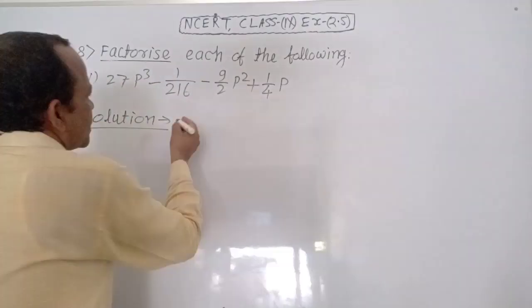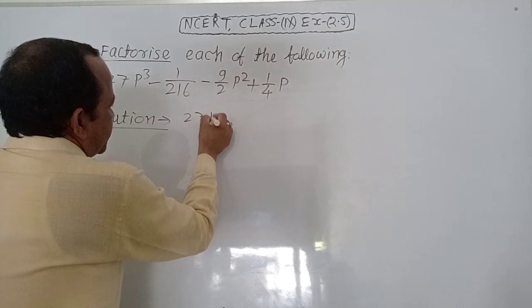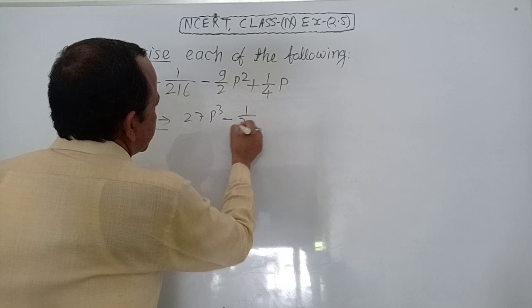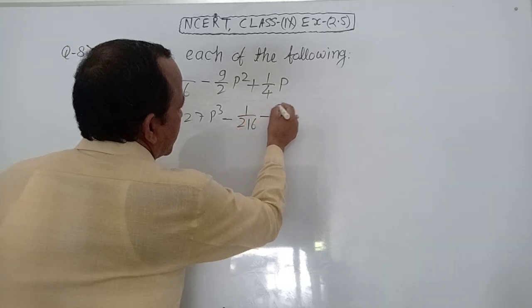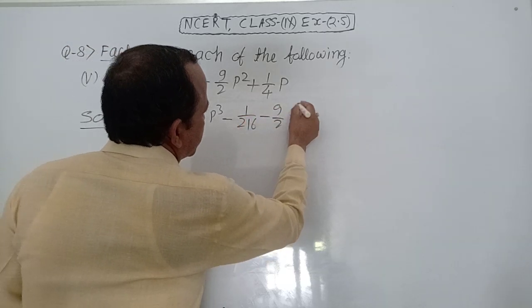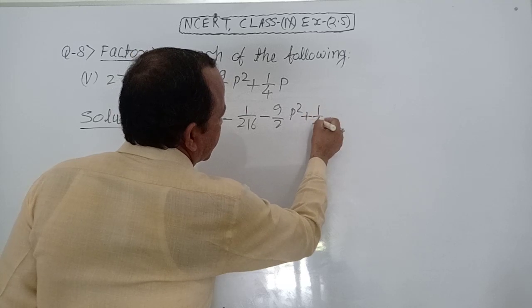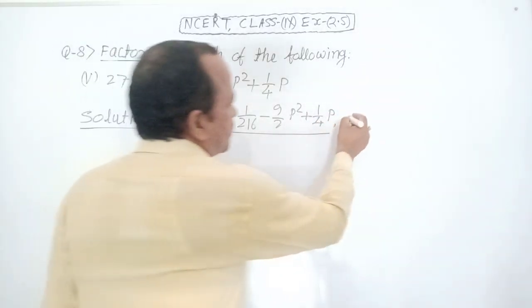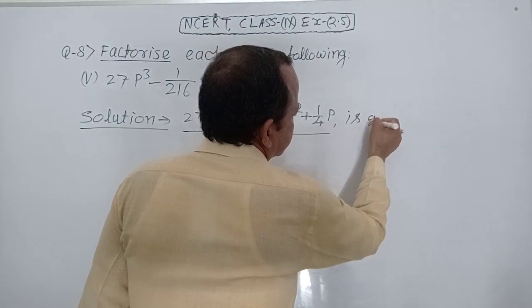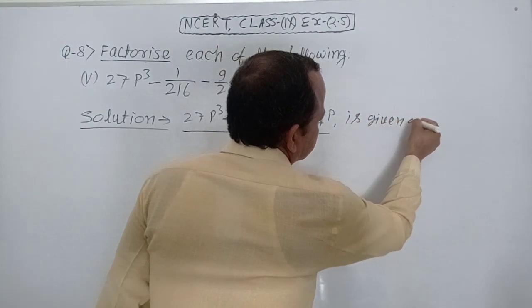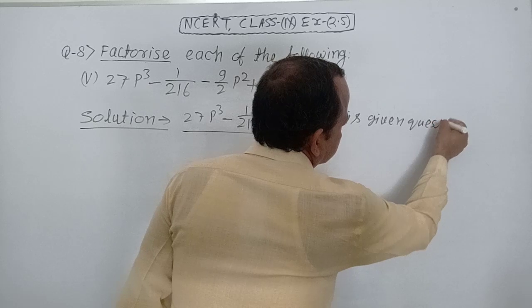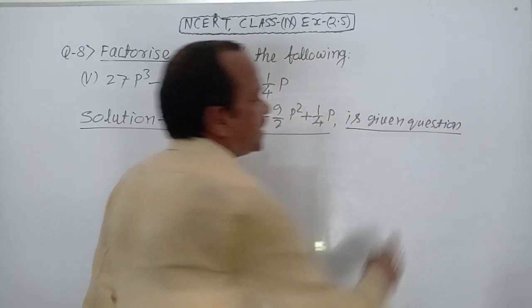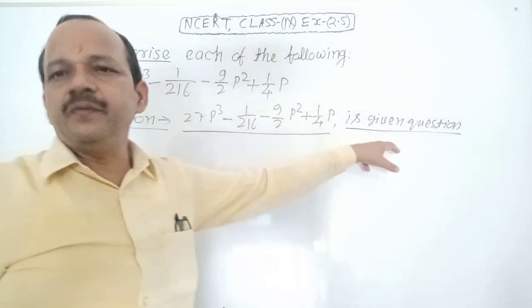See that, 27p cube minus 1 by 216 minus 9 by 2 p square plus 1 by 4 p is the given question.